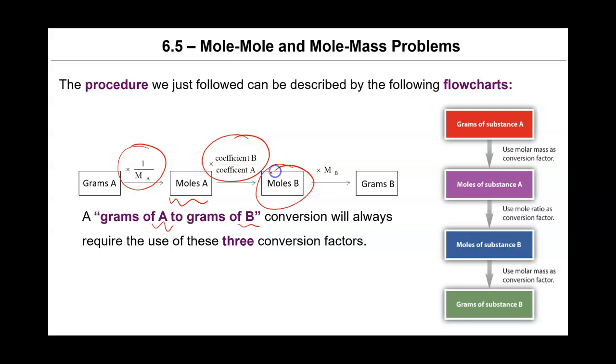And this will give you moles of B. Once we have moles of B, we'll multiply by the molar mass of B, and that'll directly give us the grams of B. So our pathway is grams of A to moles of A to moles of B to grams of B, and we're always going to be multiplying by the same 3 conversion factors.